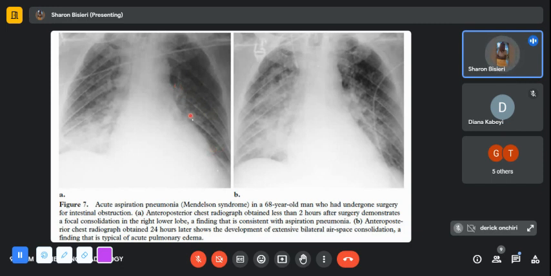Then 24 hours later, you have newly developed patchy consolidations that are now bilateral, affecting both the right and the left hilar regions.